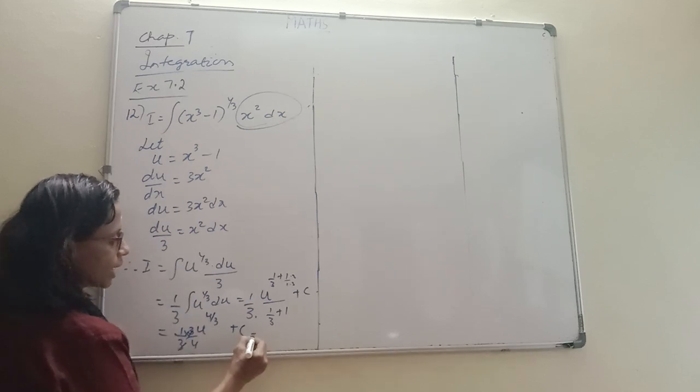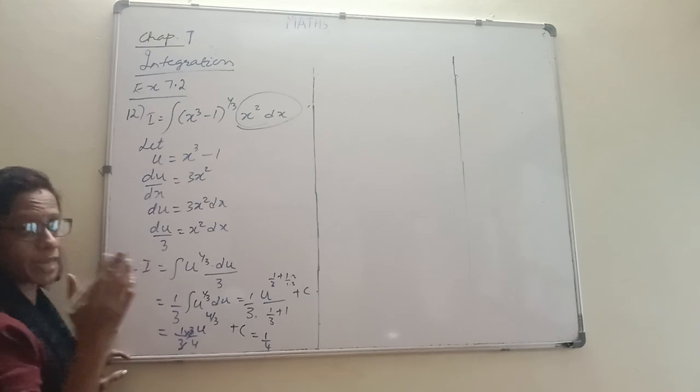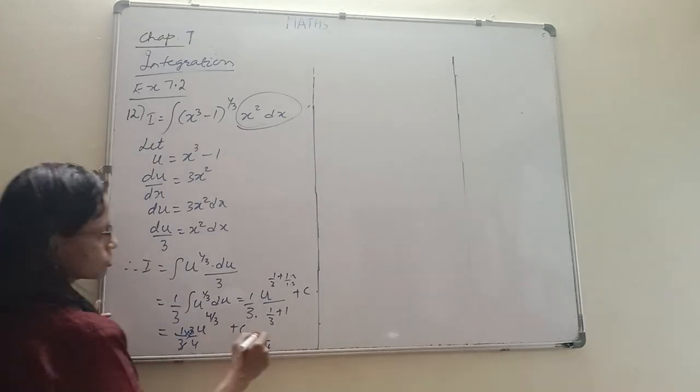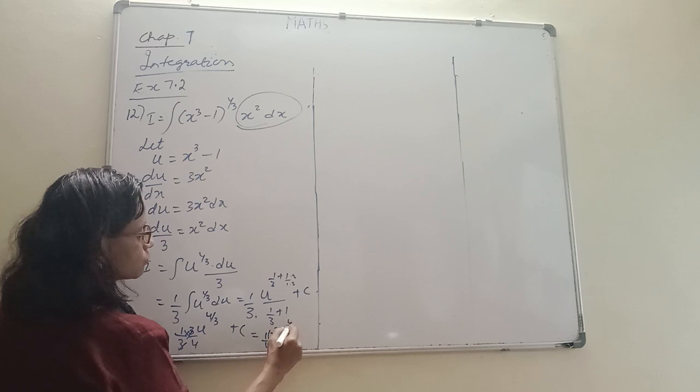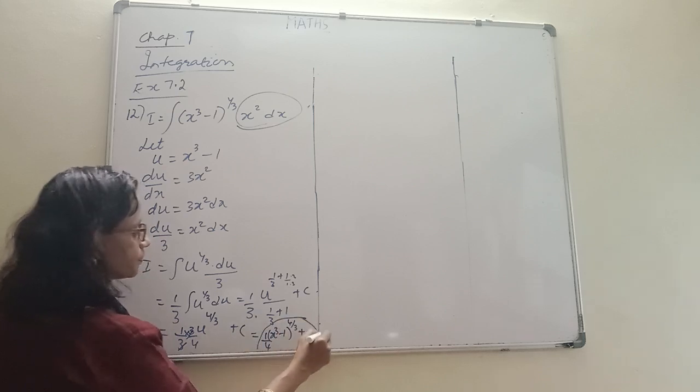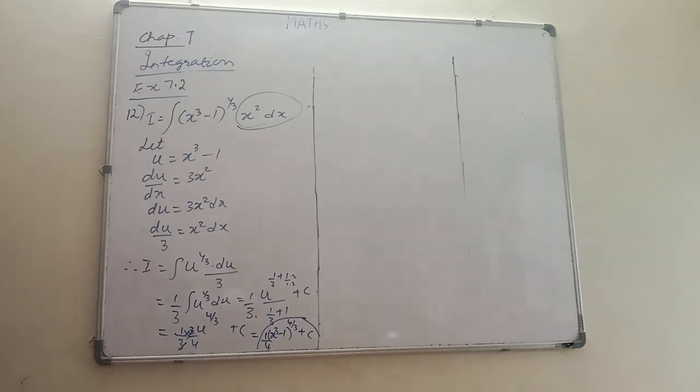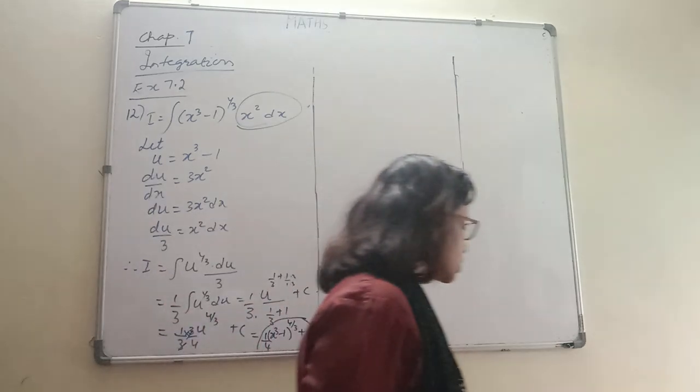So your overall answer is going to be 1 over 4. We have to revert back. U is our creation. So it's going to be x cube minus 1 raised to 4 over 3 plus c. That's your answer: 1 over 4 times x cube minus 1 whole raised to 4 over 3 plus c. That's your answer for the problem number 12.